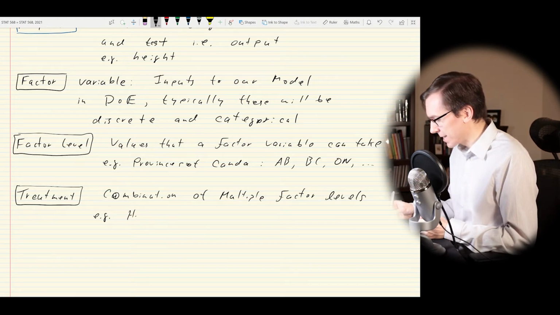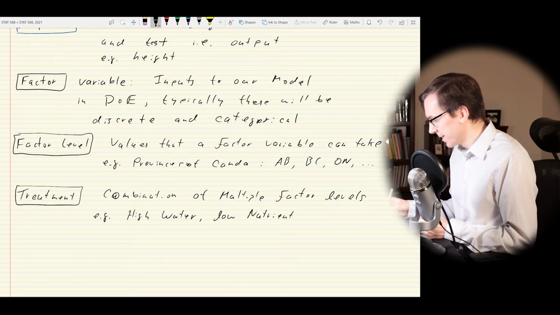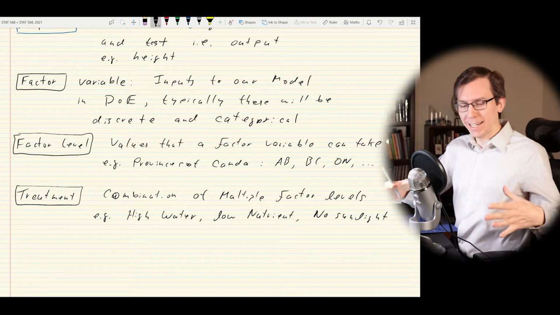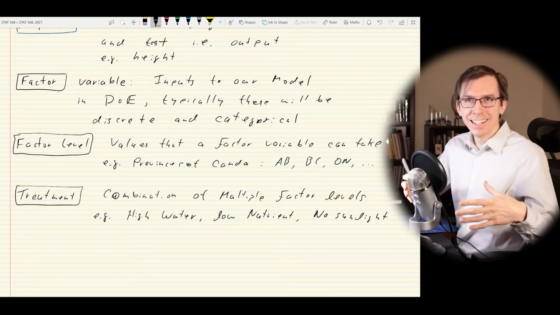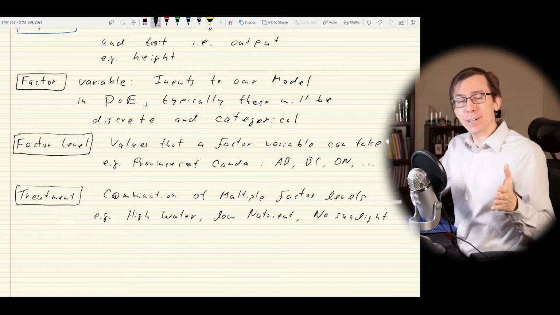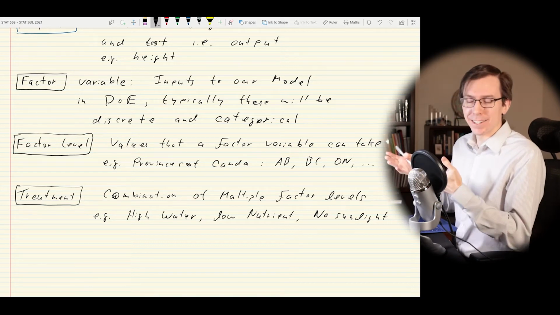So it could be, for example, high water, low nutrient, no sunlight. That could be one treatment that we would apply to one flower pot, and then get a response out of that flower pot. Then we would have a different treatment for a different flower pot, and so on.